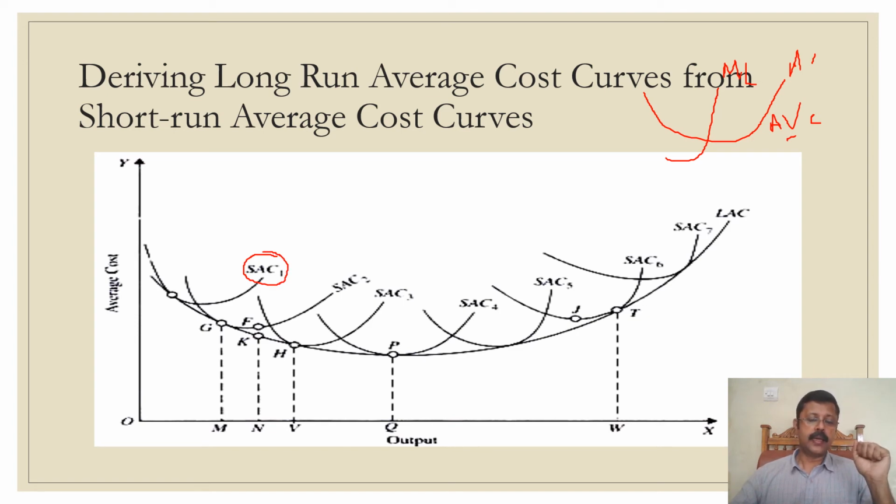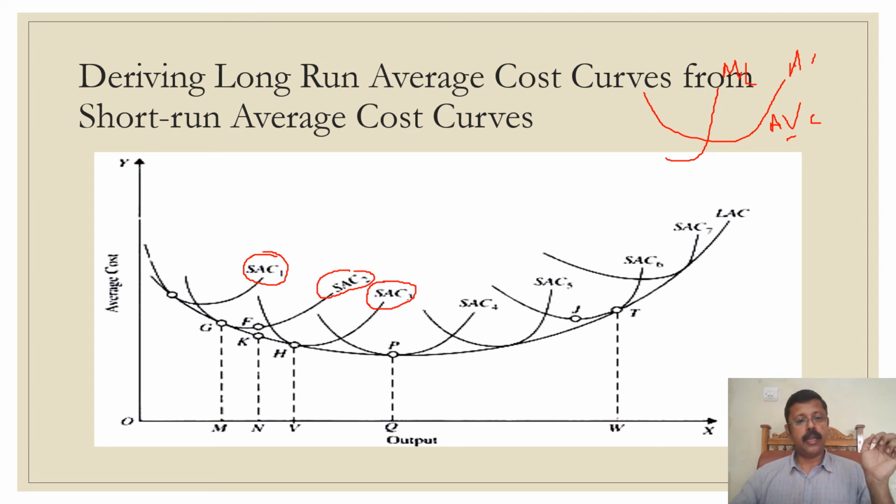And later, as we try to increase the production, you will have another short-term average cost curve, and you will be experiencing different short-term average cost curves. In the long run, over a period of time, maybe 1 year, 2 years, maybe 10 years, a long period, you will have multiple average cost curves.